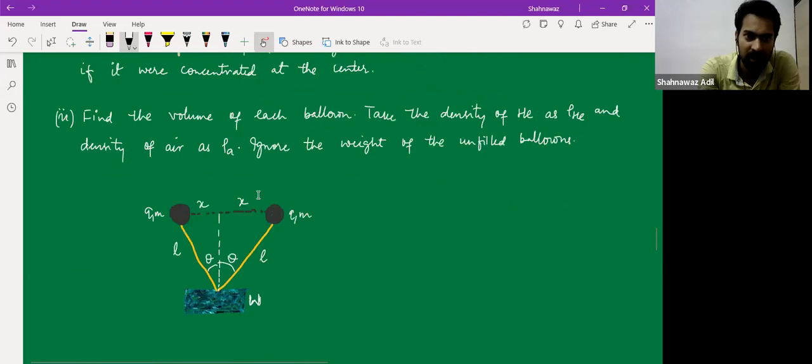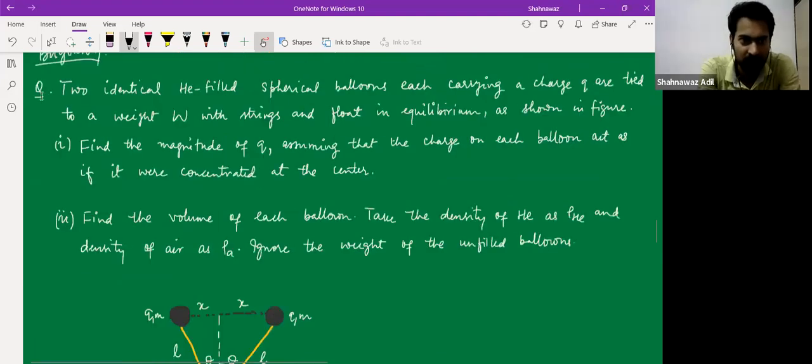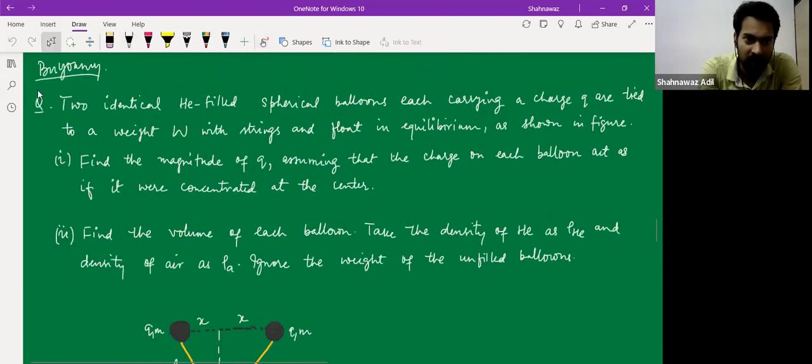Yes, so this is the question. You have two identical helium-filled spherical balloons, each carrying a charge Q, tied to a weight W with strings, and they float in equilibrium.